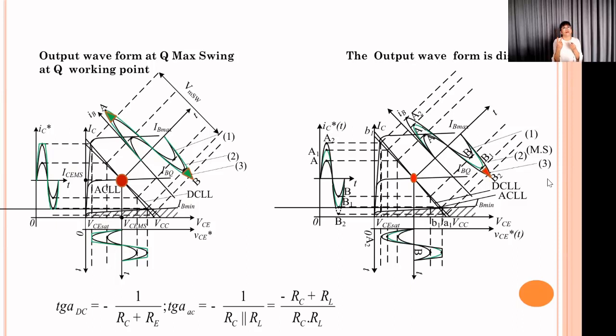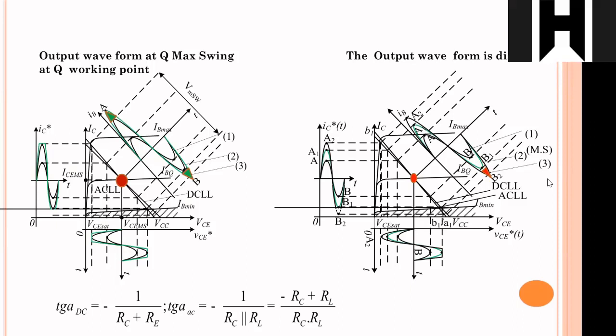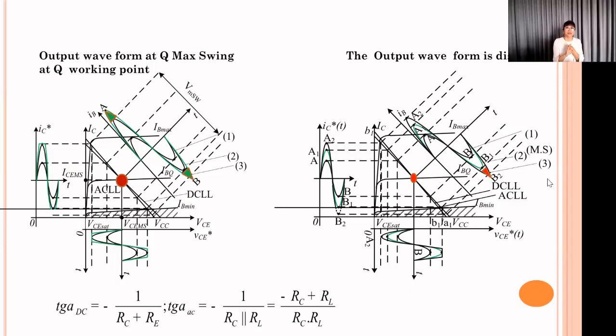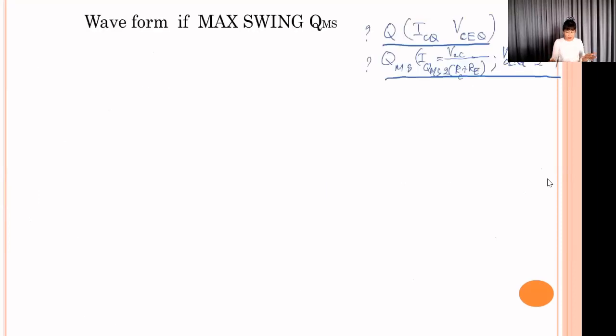This is the second point. And this is the max swing output waveform. It is only multiple choice for question one or three. That's why don't worry.